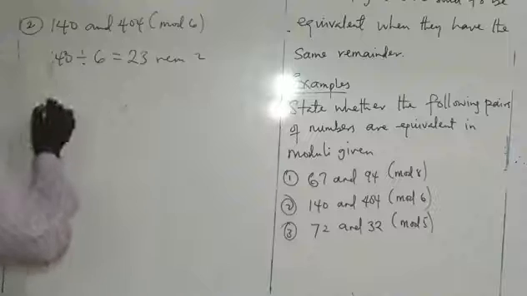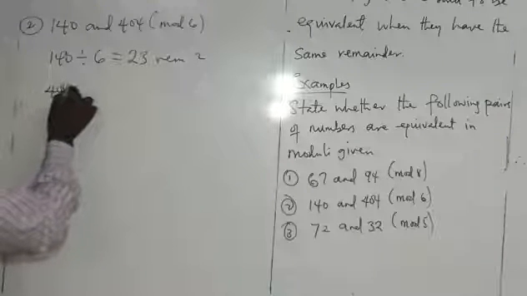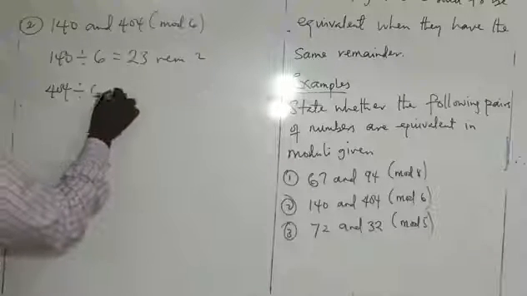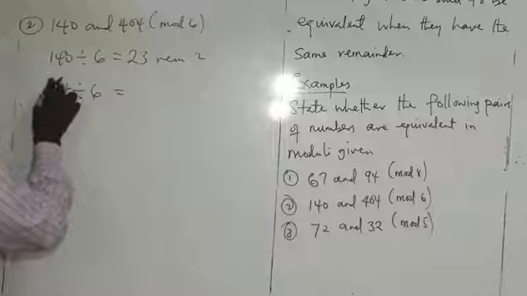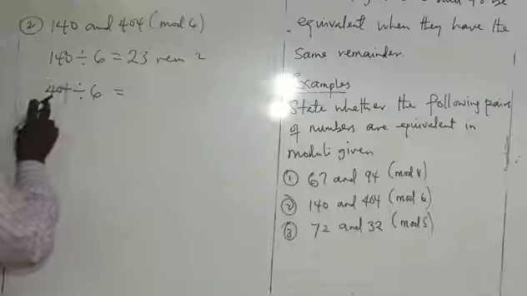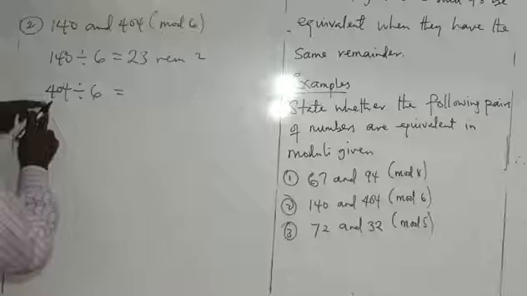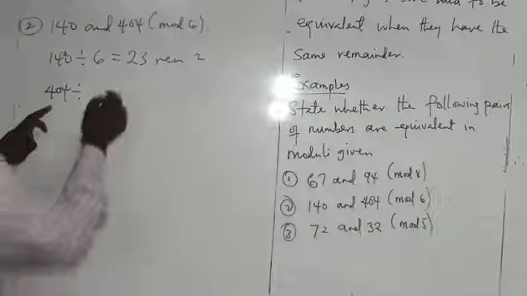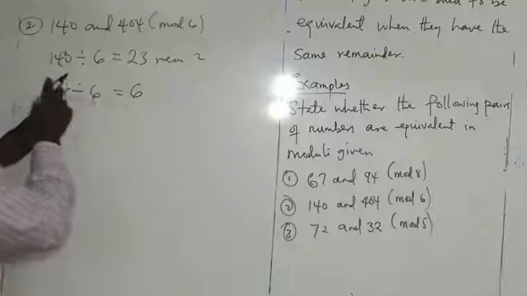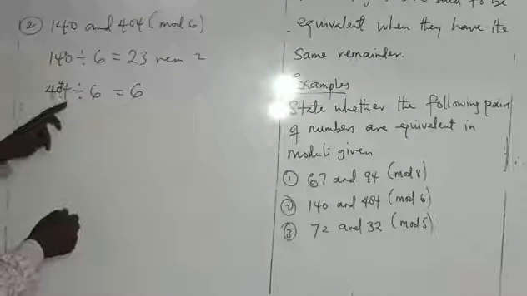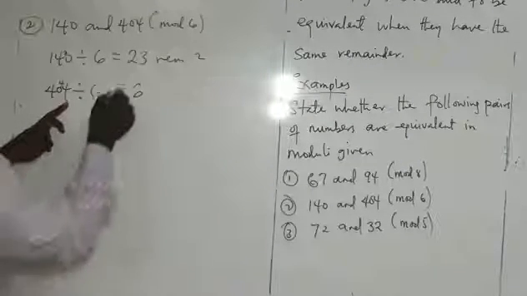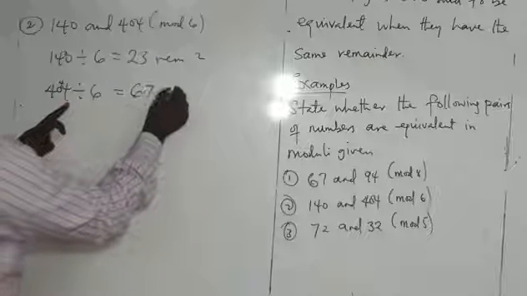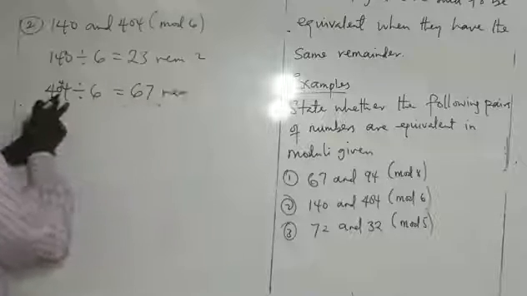Right. So let's check for 404. 404 divided by 6. So 6 in 40, that is 6, which is 36. Remainder 4, in 44, that is 7, which is 42.